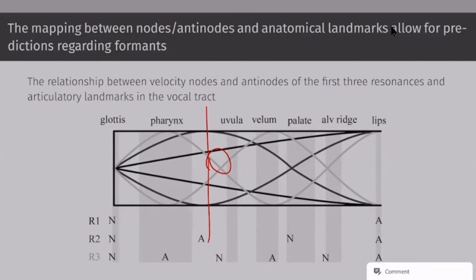And well, the first formant also goes up. And this is because you have an expansion near a node. And it's basically, oops, why do I keep doing that?